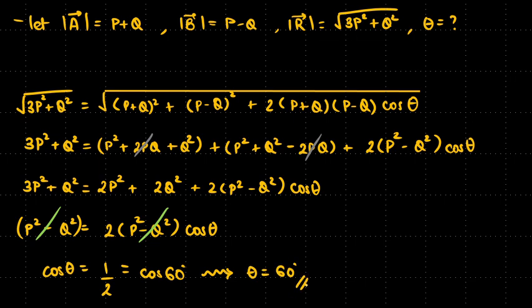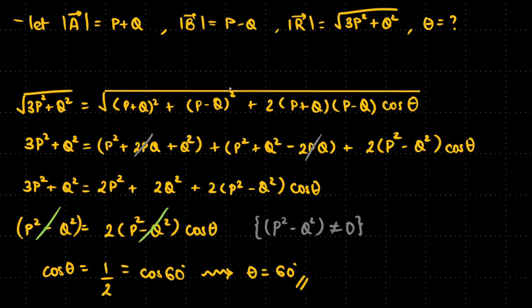So let's talk about a few facts that you must know when attempting this question. One question that you might have is, why can you cancel P squared minus Q squared? Couldn't it be a case where this term turns out to be 0? If P squared minus Q squared is 0, this operation cannot be done, so we can't divide both sides by it. But why can we do this?